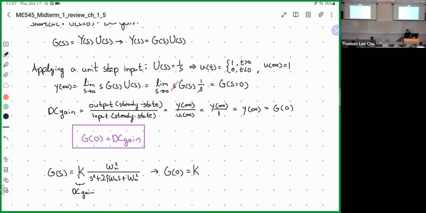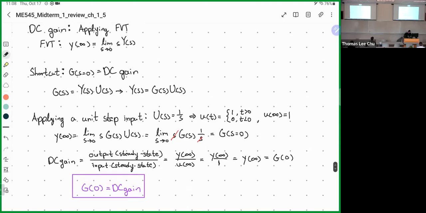The y of s equals u of s and g of s. Just seems like if you did the algebraic manipulation up there, then you would have y of s over g of s. Oh, sorry. So g of s is just equal to your output divided by your input, which is y of s over u of s.